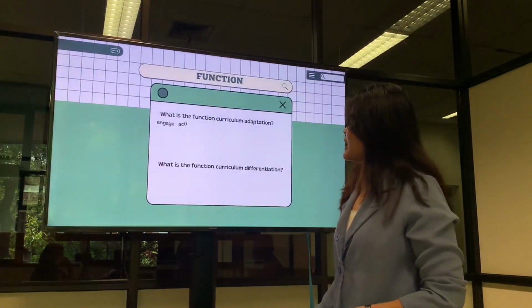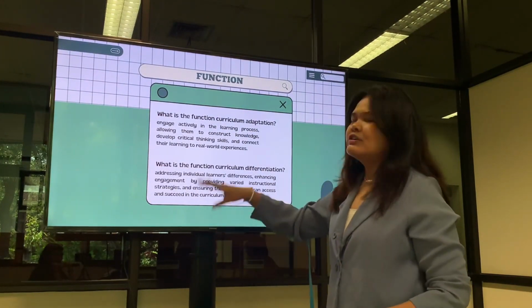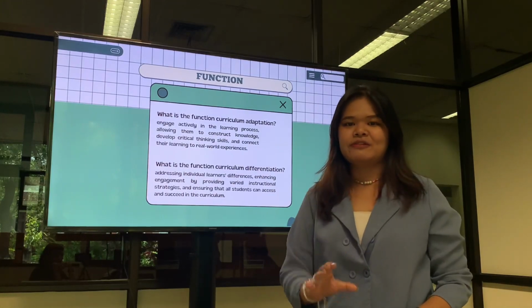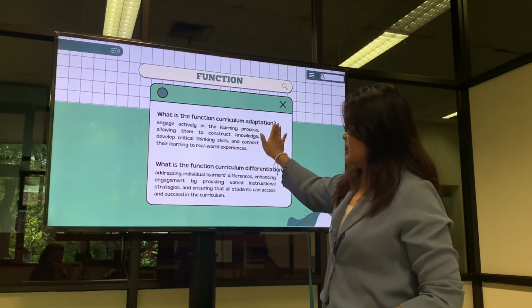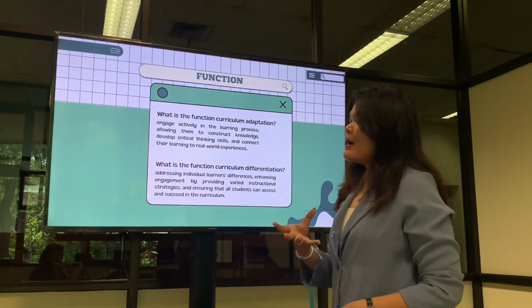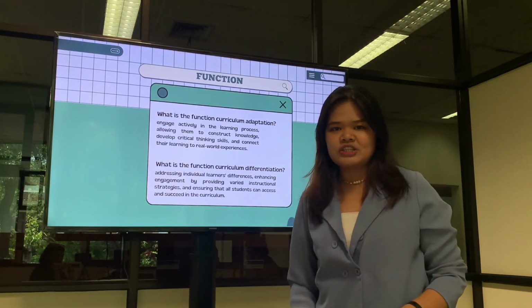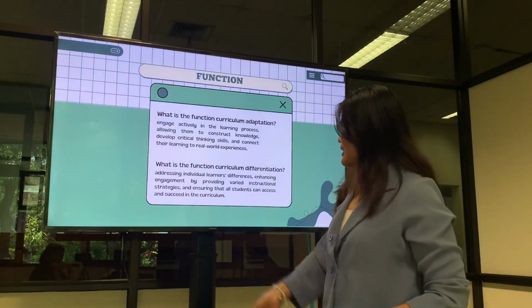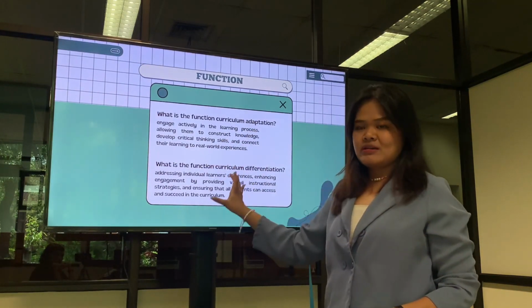Next, let us talk about the function. What is the function of curriculum adaptation and curriculum differentiation? First, curriculum adaptation. It actively engages learners in the learning process by allowing them to construct knowledge, develop critical thinking, and connect their learning to real-world experience.